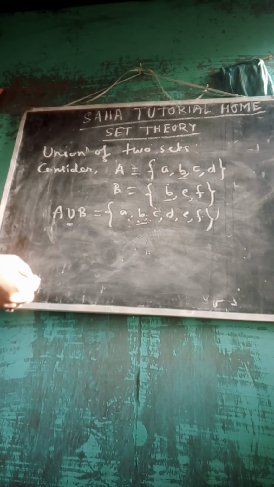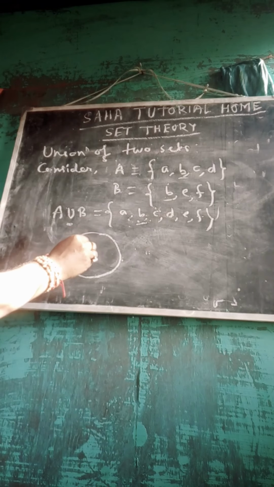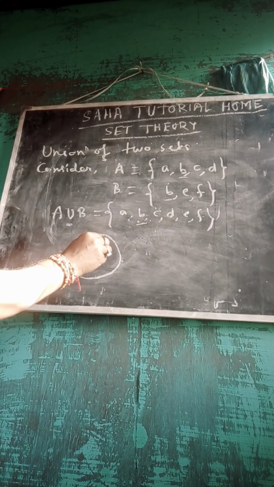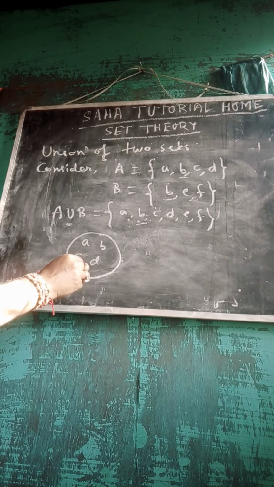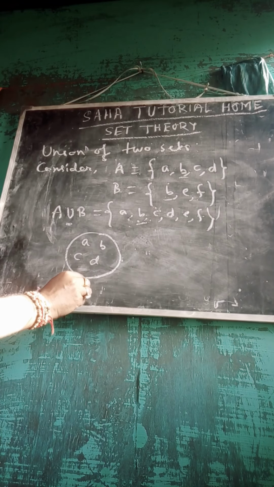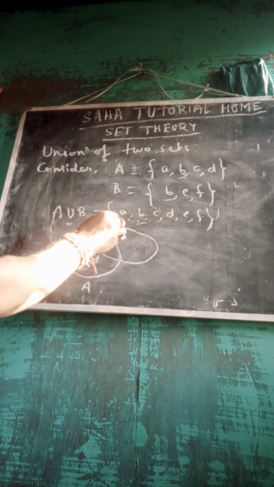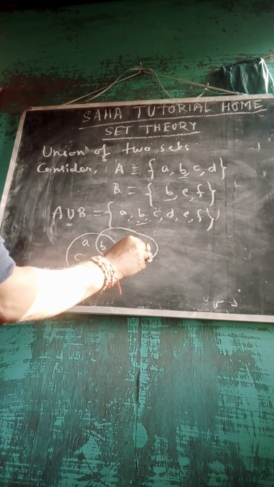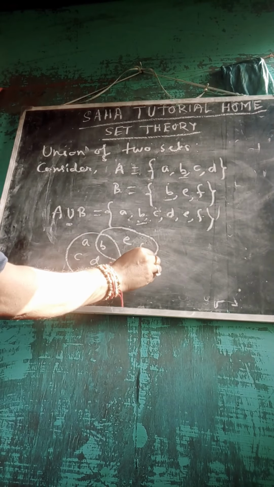If we go to the Venn diagram, this is called A. Here the alphabets are A, C, D, and this is the set A, and the set B has E and F. These are the other elements, and B is common to both sets.